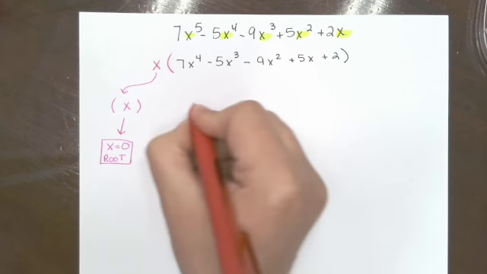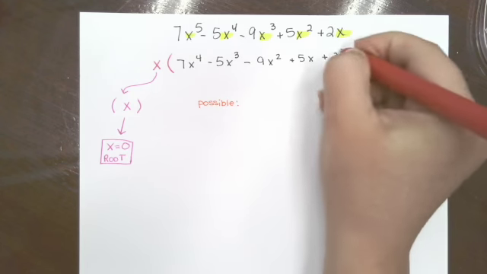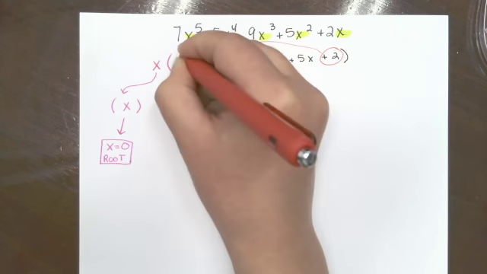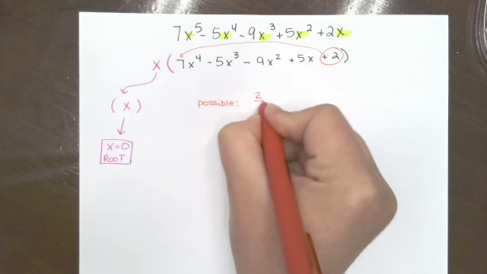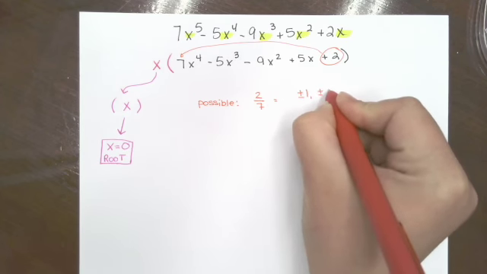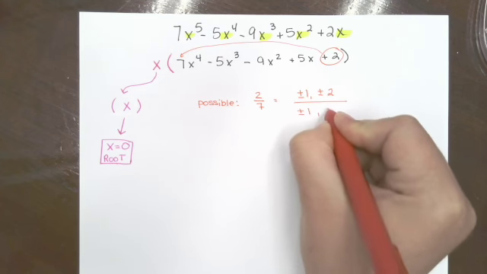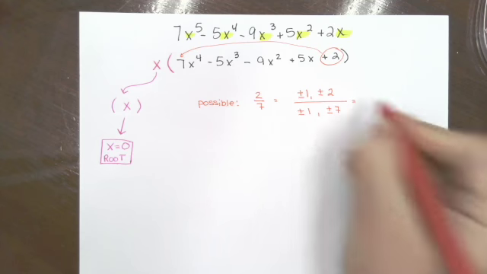Let's list out all the possibilities. So again, silly snake puts the tail over its head. So we got 2 over 7 plus or minus 1 plus or minus 2 all over plus or minus 1 plus or minus 7.